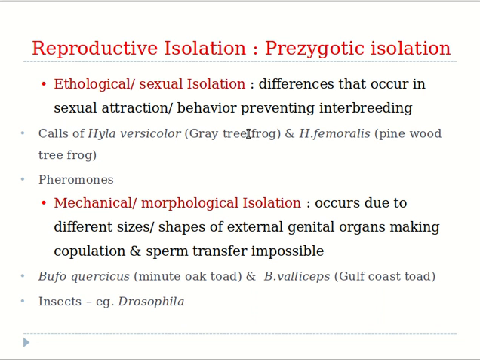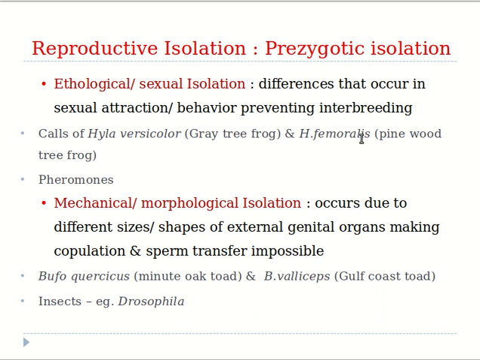One typical example is that of the two frog species, Hyla versicolor and Hyla femoralis. This study was conducted in New Orleans, USA, and here the closely allied great tree frog and wood tree frog frequently breed in the same pond, but interbreeding between them never happened, because the mating calls of Hyla versicolor and Hyla femoralis are totally different.